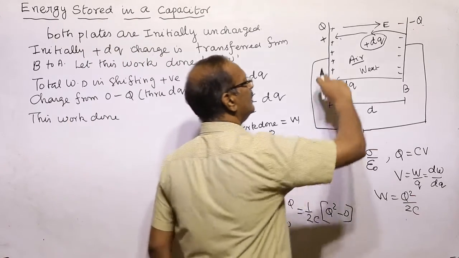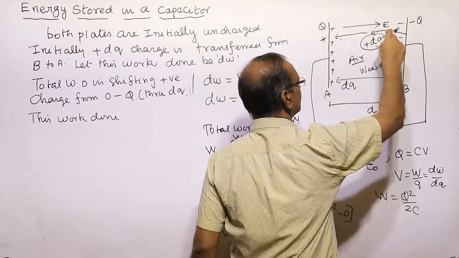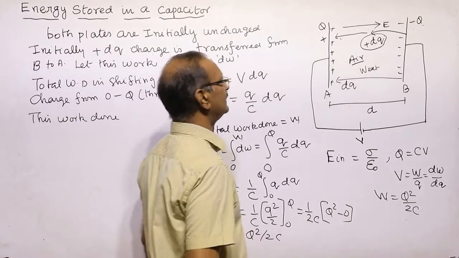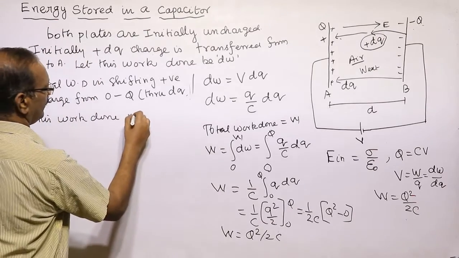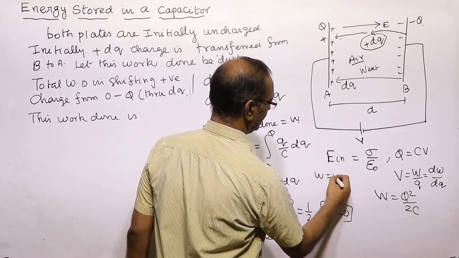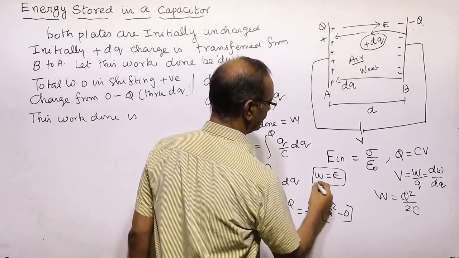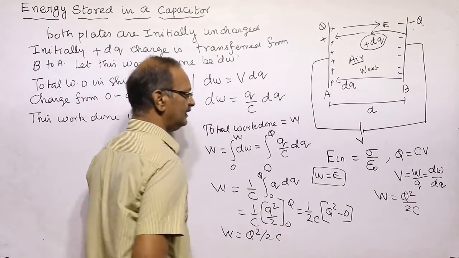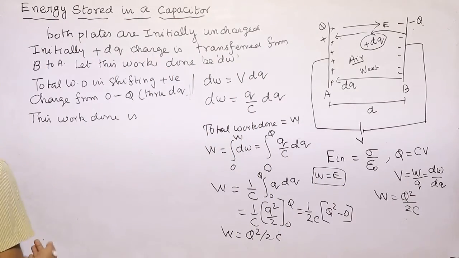This work done is stored as potential energy in the capacitor, that is, in the dielectric. We have seen the work energy theorem in plus 1: how much work you do is converted into that much energy. Here it is the potential energy.